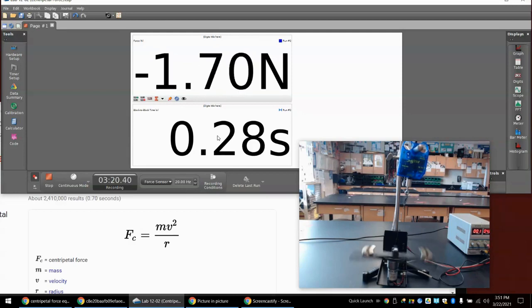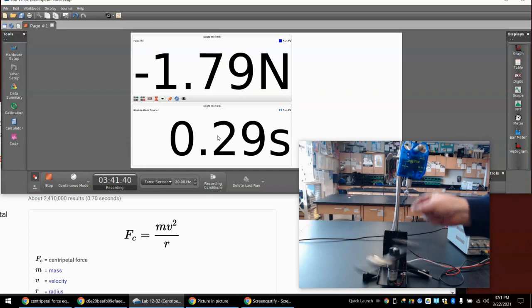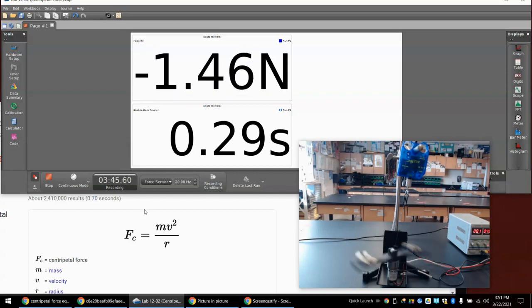And it is clear that as we adjust this, the force on the string is much greater. There's a greater force because you need a greater force to keep this in motion. The mass out here on the end has a greater inertia, and so to keep it from flying off, the string has to pull back with a greater force. It's clear that as the mass went up, the amount of centripetal force also goes up.